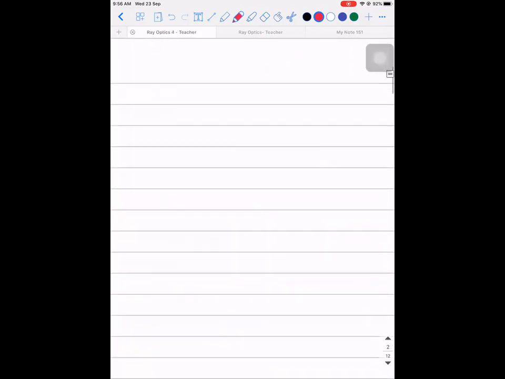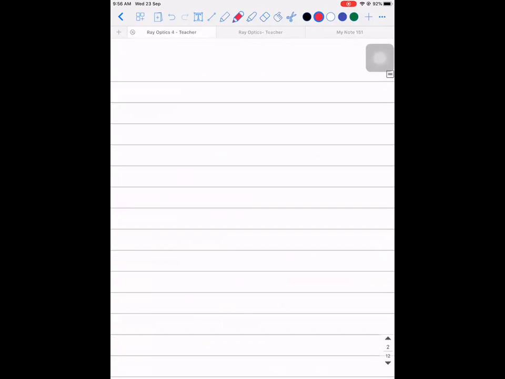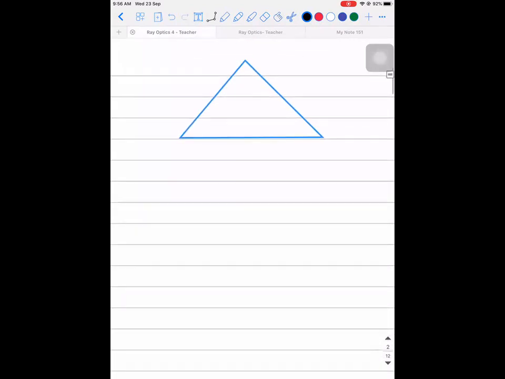Now what we are going to see is certain terms that are related to a triangular prism. Let's say there is a triangular prism and this is there.